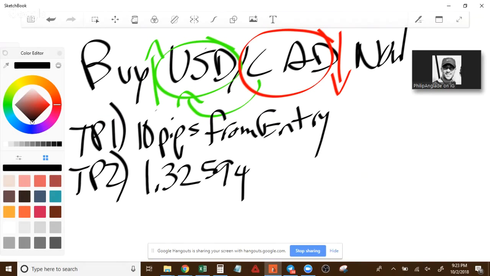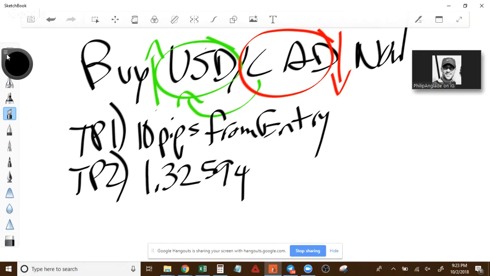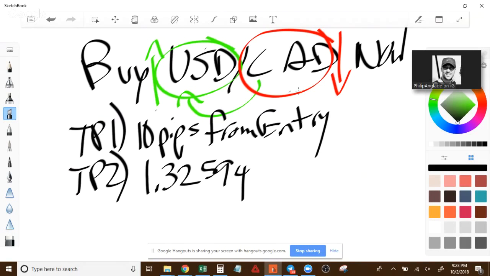Now, what's happening is, let's say that TP number two is green and TP number one is this blue right here, right? And you're entering at this black. Okay, so this is where you're entering. This is where price is currently.